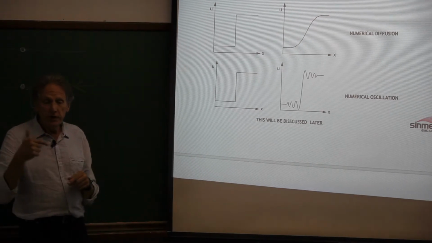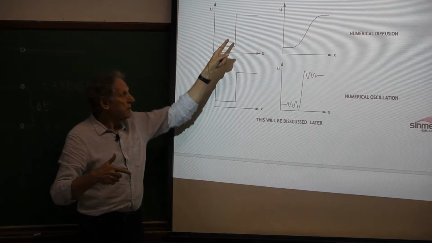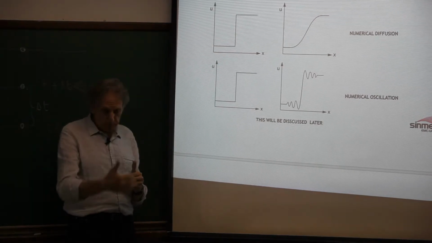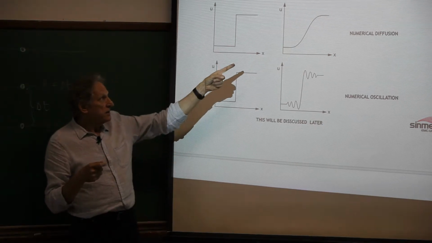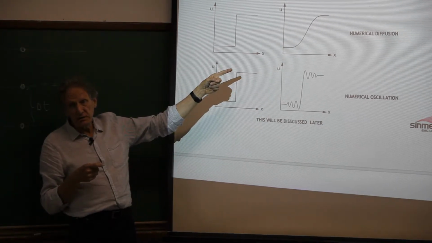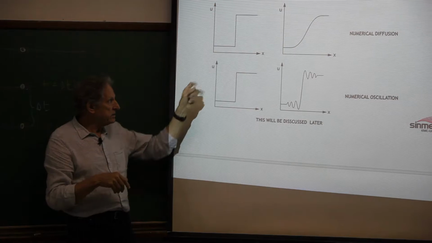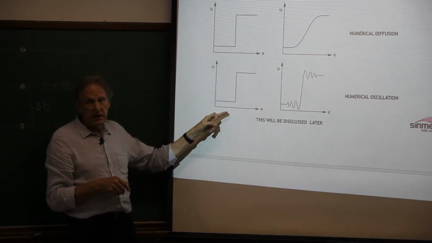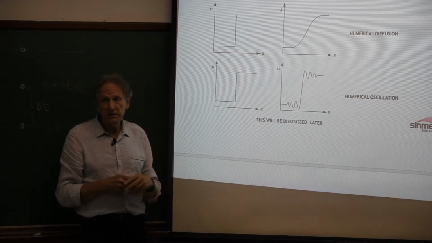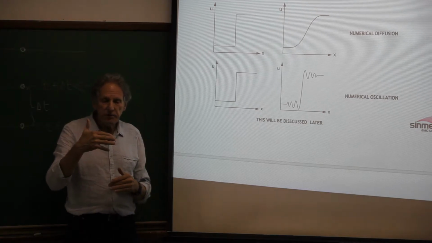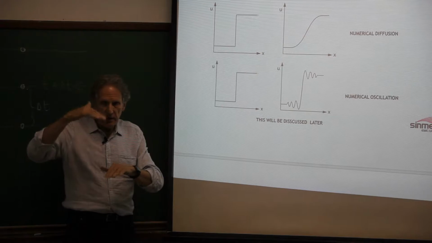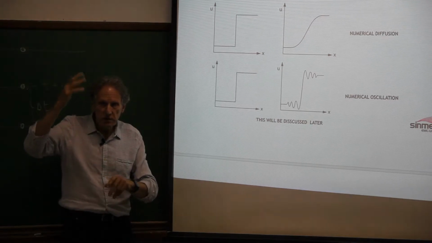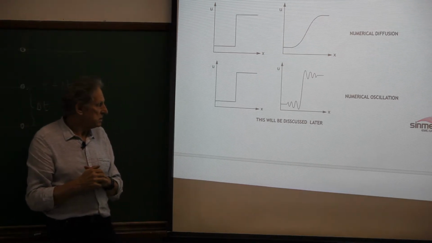If you are computing a pulse, you want to have it preserved. If you have numerical diffusion, that's what happens with your gradient, a smeared gradient. If you have numerical oscillation, that's what happens. You can capture the gradient a little bit better, but you have overshoots and undershoots in your solution, you know.